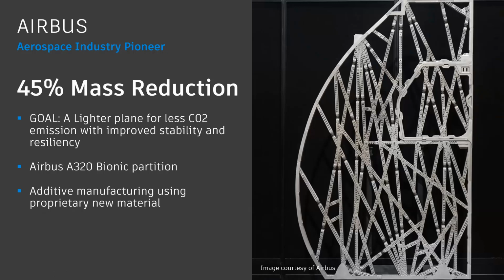And again, just like in any industry, the lesser the weight of the vehicle, the less is the carbon footprint, at the same time increasing the performance of the vehicle. So they basically used generative design to come up with the shape for the partition wall, which is a 45% reduction in weight as compared to the original design.